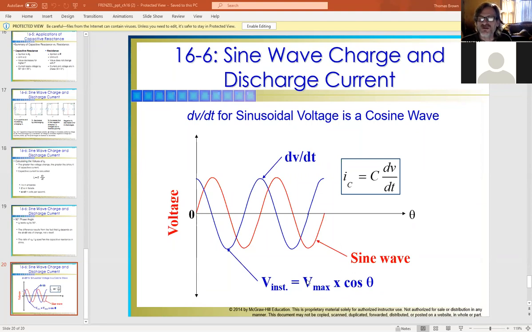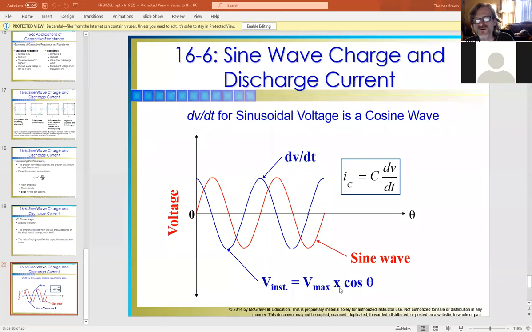Because normally what we'd use for the instantaneous voltage, trying to find the voltage at any particular moment in time, would have been V max with the sine of theta. In this case now it's changed. We're not using the sine of theta any longer. Now we're using the cosine of theta because of that shift.